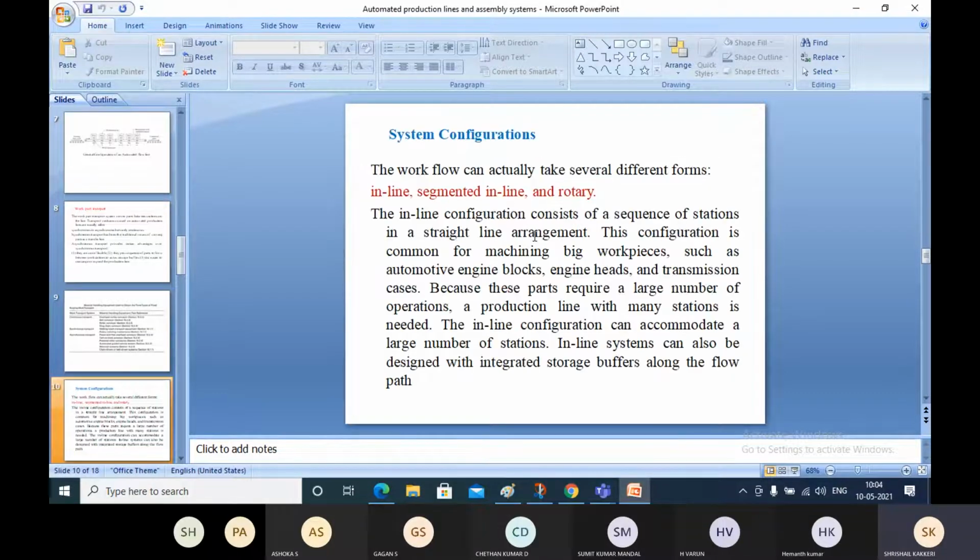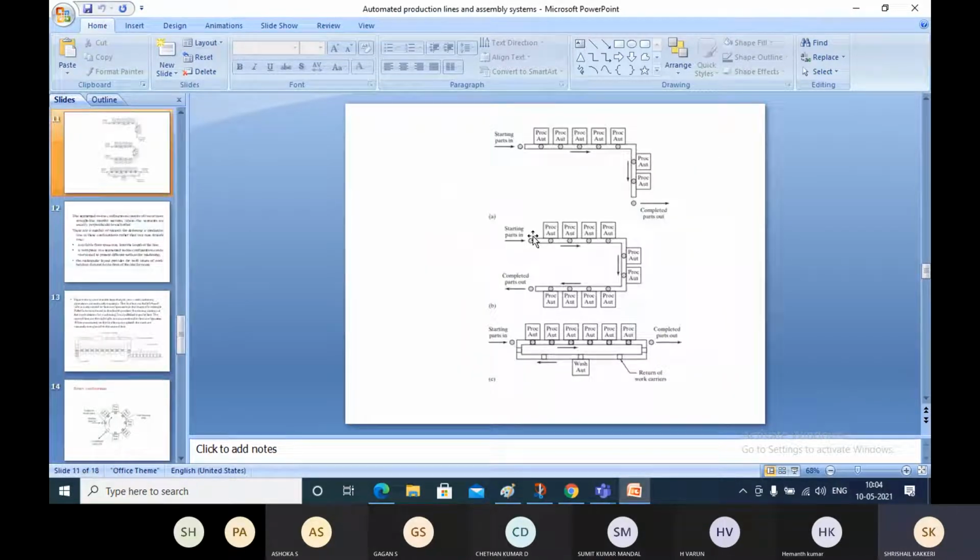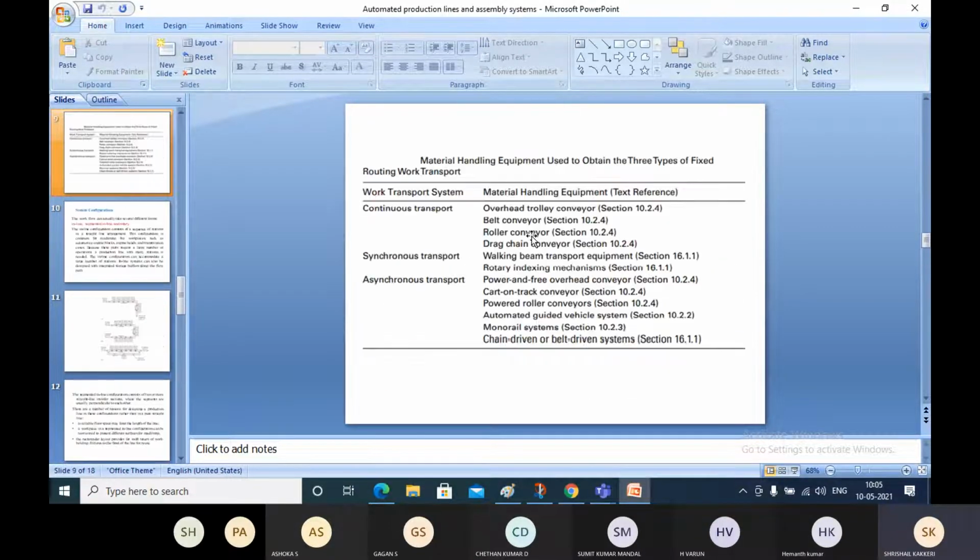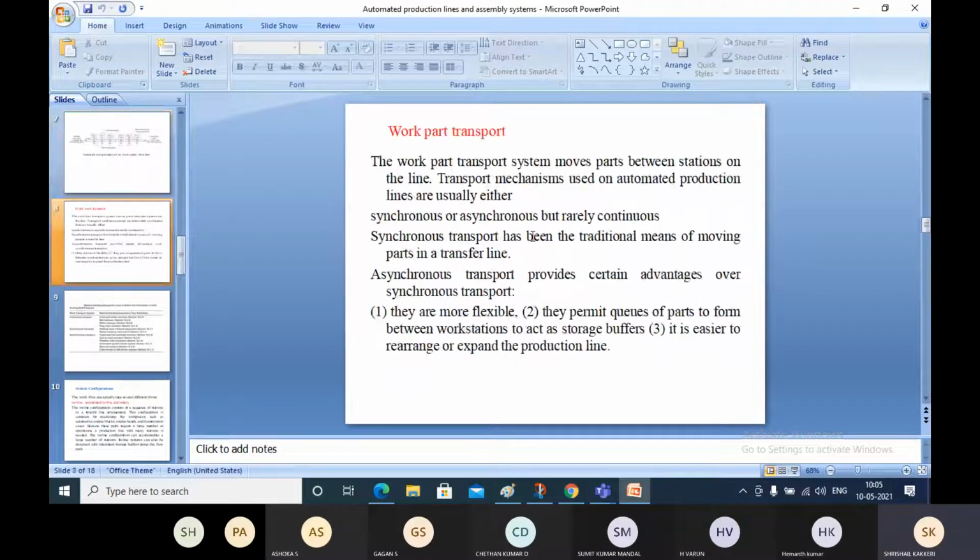And let me come to the system configuration. See, linear mechanisms, I'm discussing about the linear inline mechanisms. Okay, so these linear inline mechanisms, they are more flexible. More flexible means we can change some configuration.